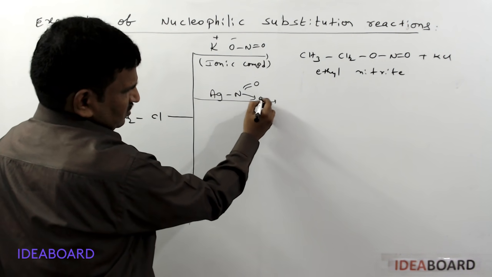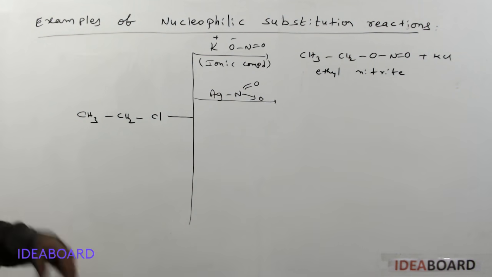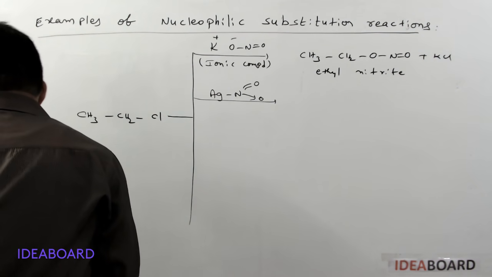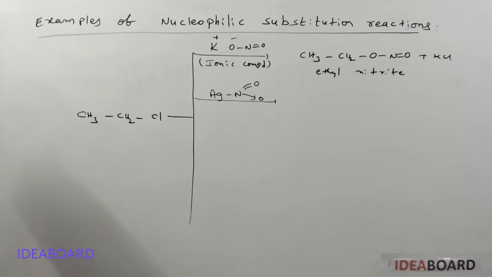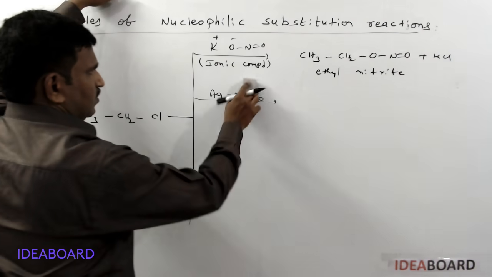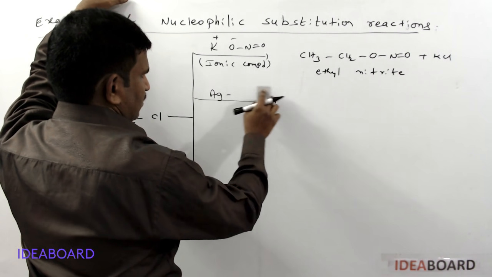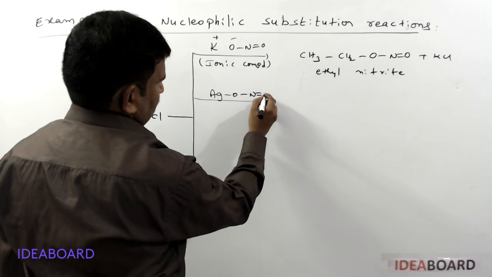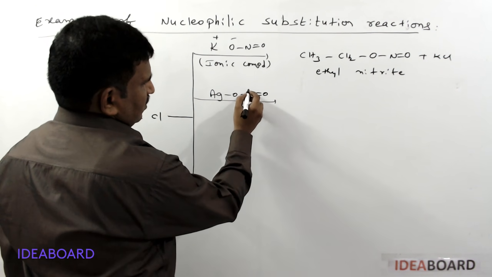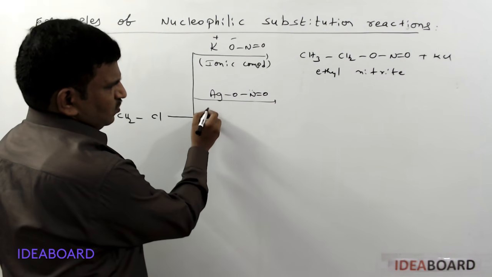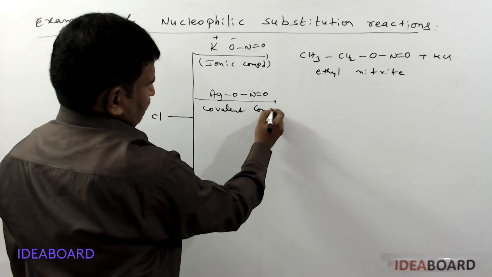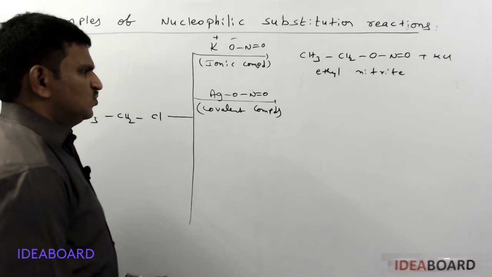AgNO2 is a covalent compound, so nitrogen is actually the nucleophilic center.